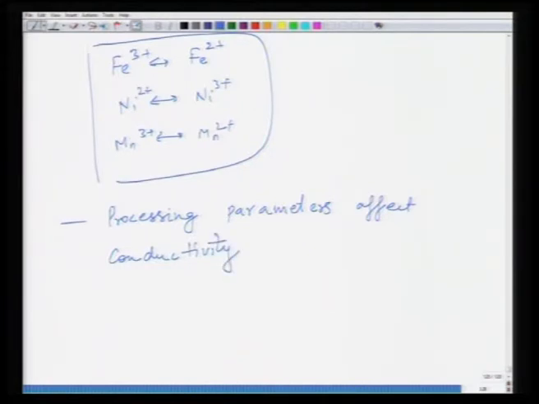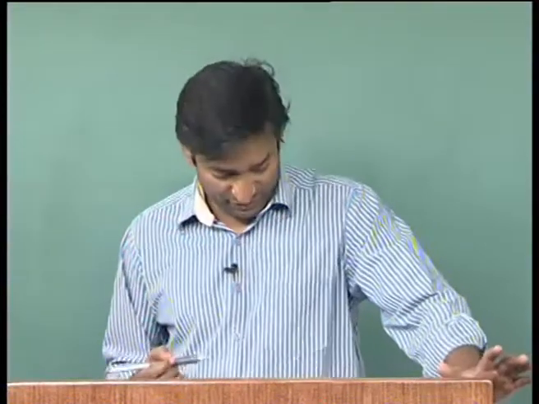So, depending upon parameters like atmosphere, temperature, all of these etc., they give rise to changes in the microstructure and composition of the material, which lead to essentially a change in the conductivity of the material.